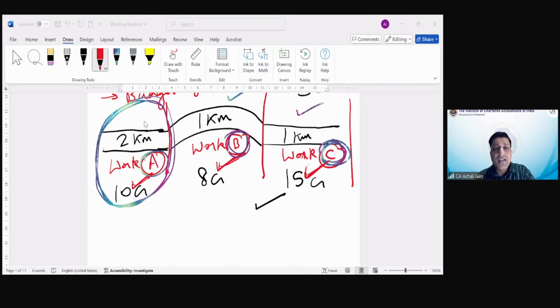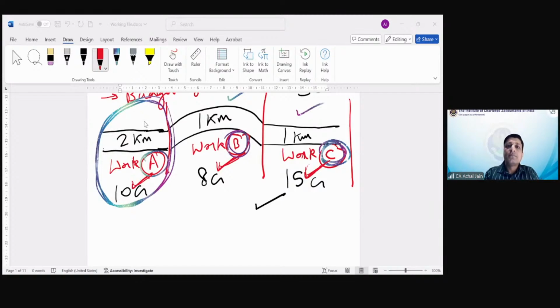Tanya is asking, sir, does the concept of combining come in the case of interdependent contracts? Yes. The moment you say they are interdependent, you will have to combine all of these contracts. Only in that case is combining possible. Or you can say the moment they are interdependent, combining will be required. So combining is not an option. You will necessarily have to do that.